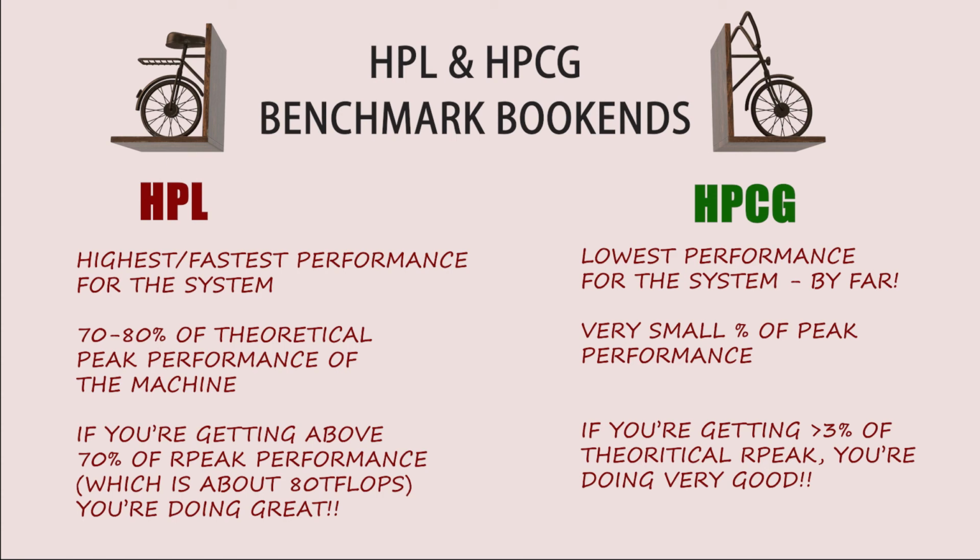That's right. Just as an example, the fastest computer, the machine called Fugaku in Japan, gets about 3% of the theoretical peak for the HPCG benchmark. And I'll give you another number: the Summit supercomputer gets about 1.5% of the theoretical peak.